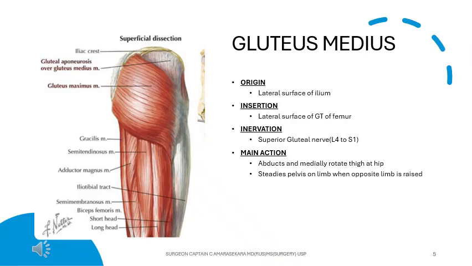More importantly, it steadies the pelvis on the stance limb when the opposite limb is raised, such as during walking. Weakness or dysfunction leads to Trendelenburg gait, where the pelvis drops on the unsupported side, often visible in clinical observation and gait analysis.